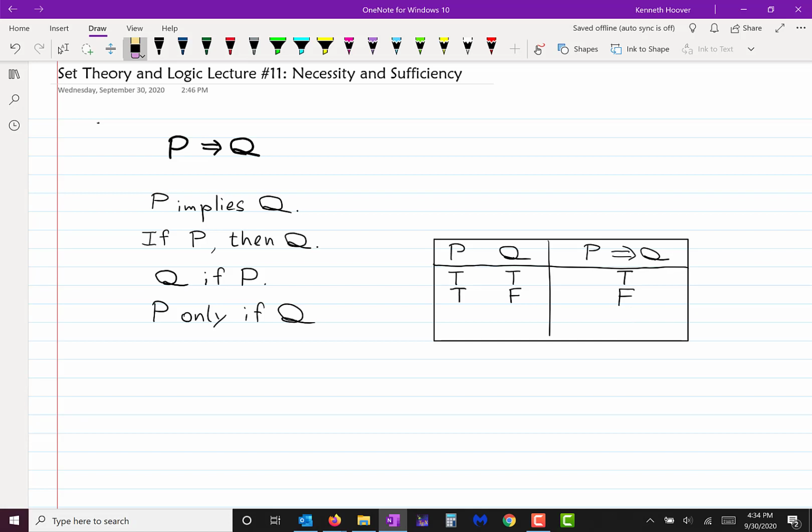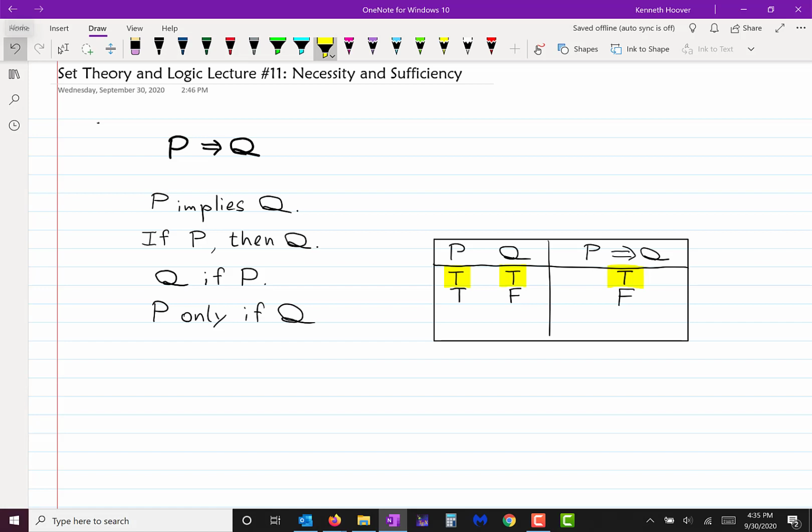Okay, so if the implication is true, then the only way P could be true is if Q is also true. Okay, so really I just needed to look at the first row. I'm going to repeat what I said, and I want you to listen for the word only. If the implication is true, then the only way for P to be true is if Q is also true.